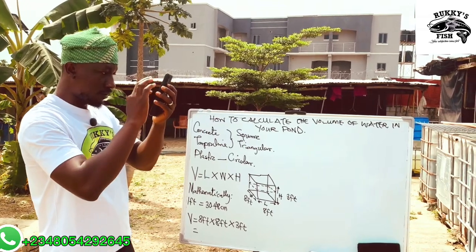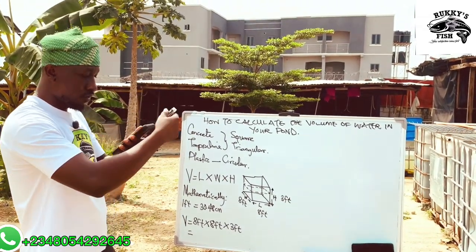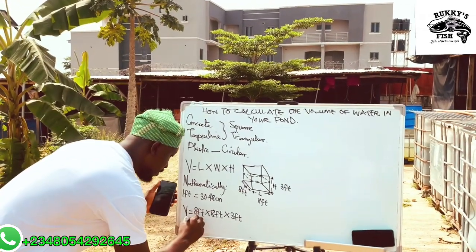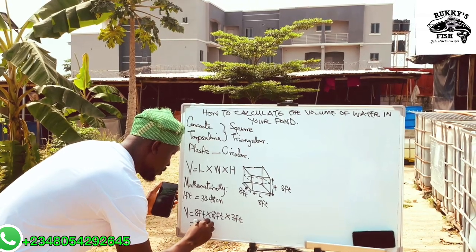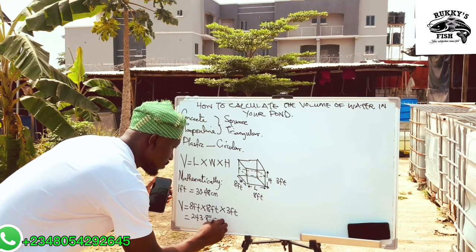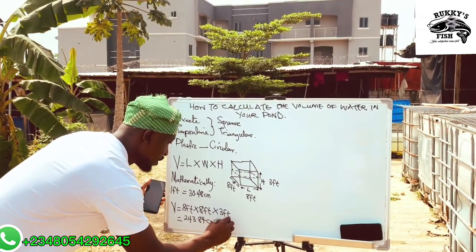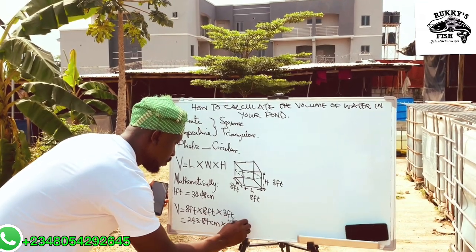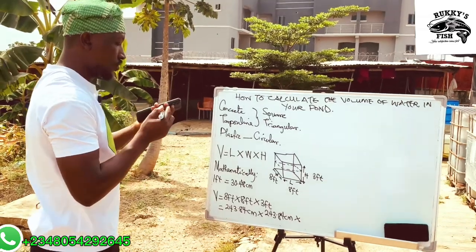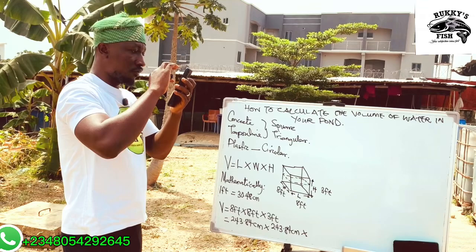8 times 30.48 is equal to 243.84. So we have 243.84, right? Now this is cm multiplied by the same 243.84 cm. Remember, now for height, we'll need to be sure of the value we are getting for our height.